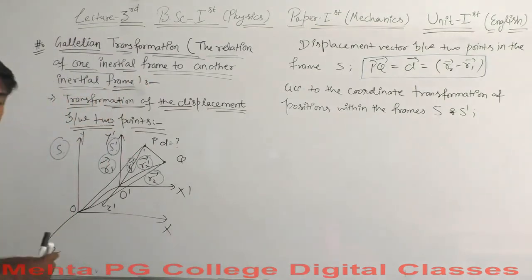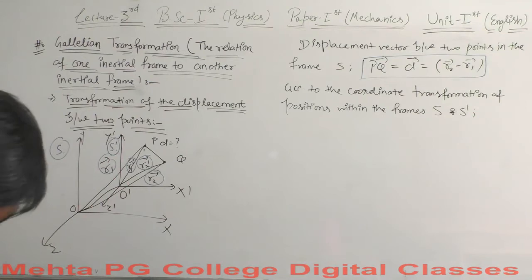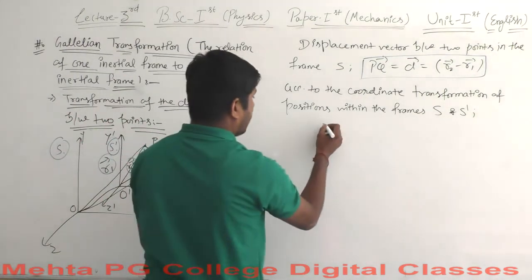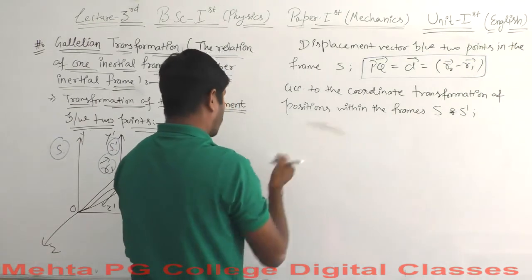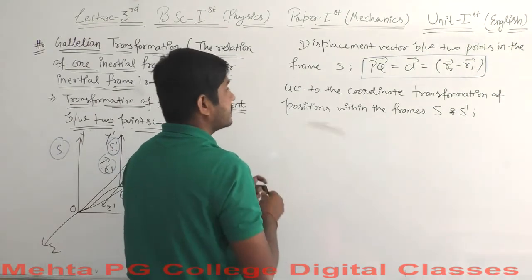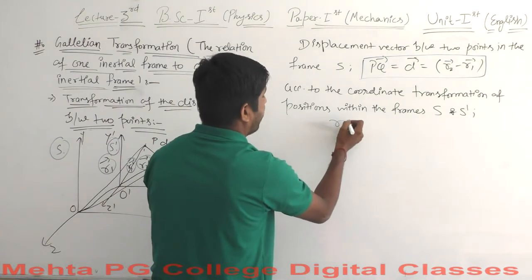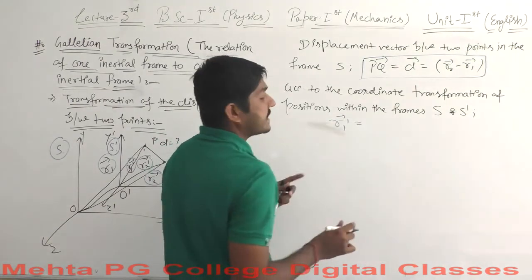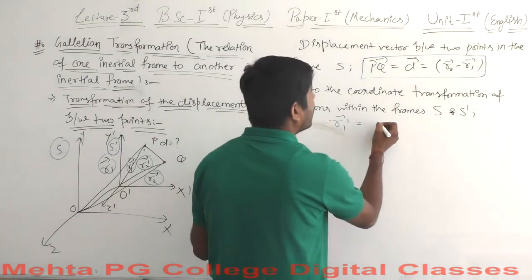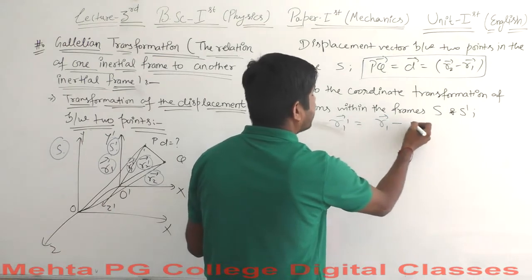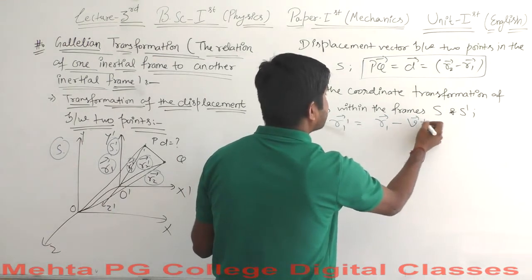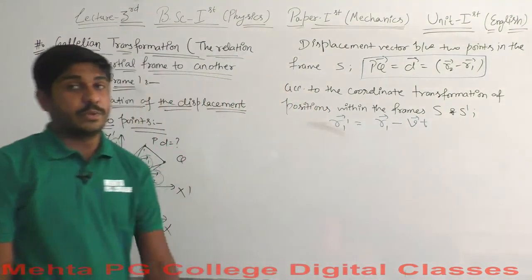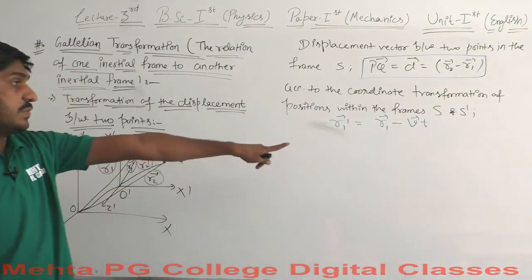Okay, if you remember the results, which say that r1 dash vector is equal to r1 vector minus v vector t. You remember this result? I hope that you pretty much remember this result.